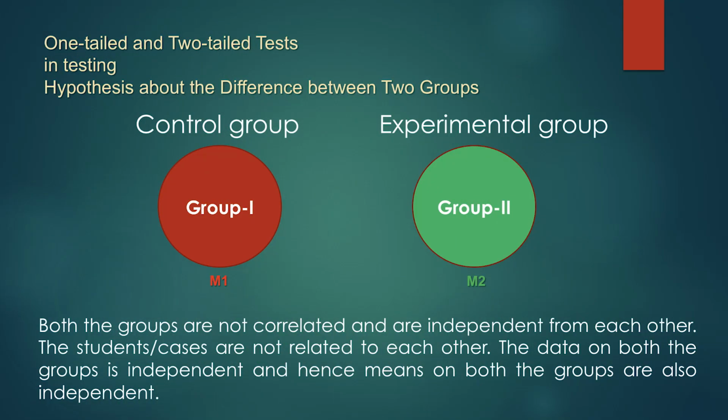I explained. In case of Anjali, both the groups were not correlated and were independent from each other. The students or the cases were not related to each other. The data on both the groups was independent, and hence the means on both the groups were also independent.